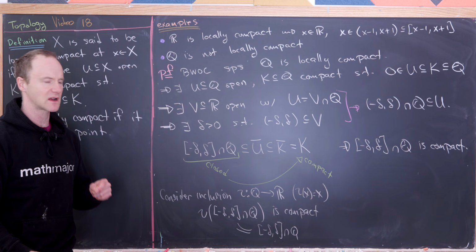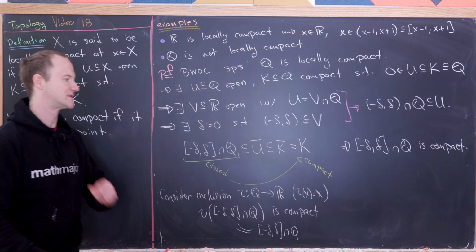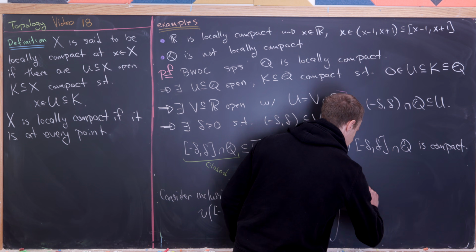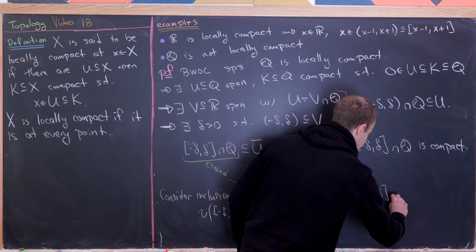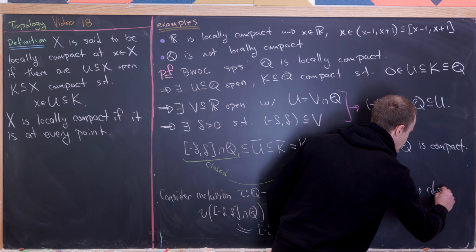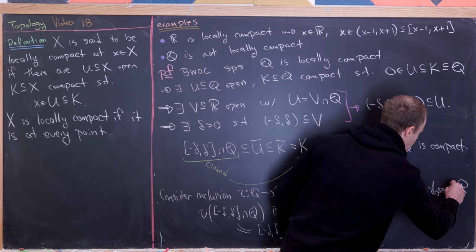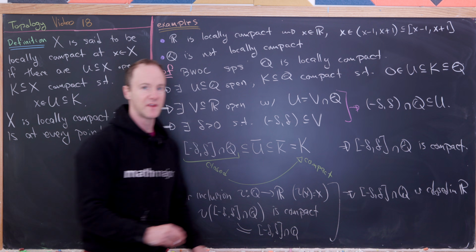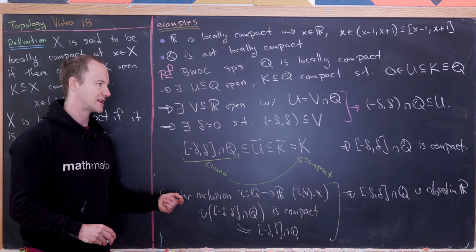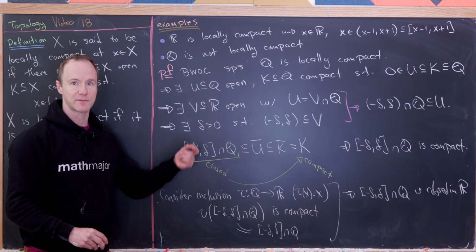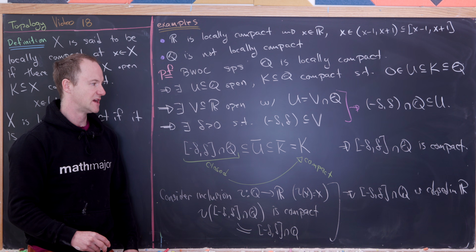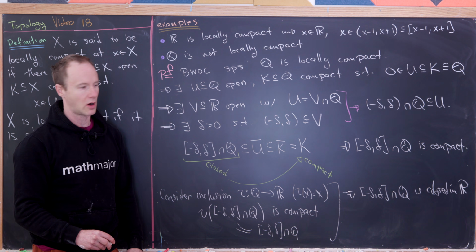But now notice that compact implies closed. So what we have here is minus delta to delta intersected with Q is closed in R. And the important thing here is we use this inclusion map to take our compactness in the subspace topology on Q to closedness in the topology on R.